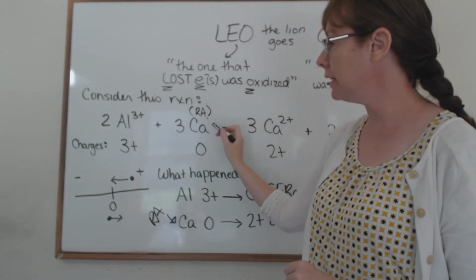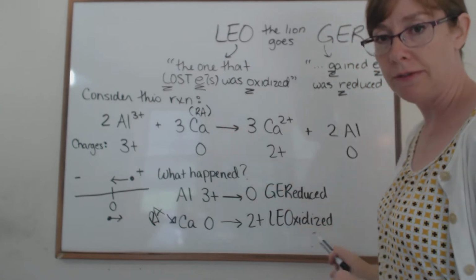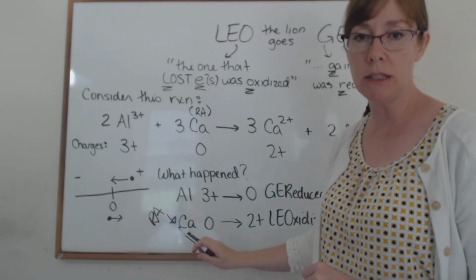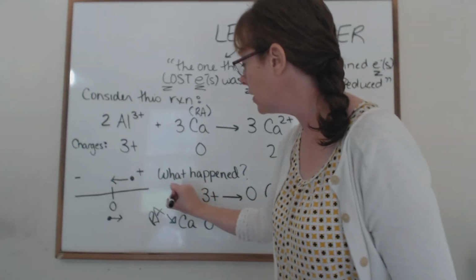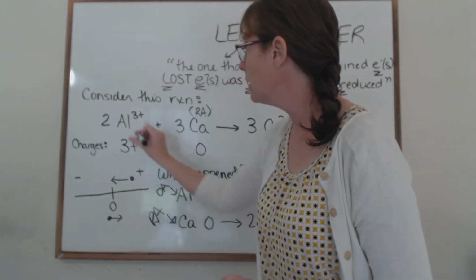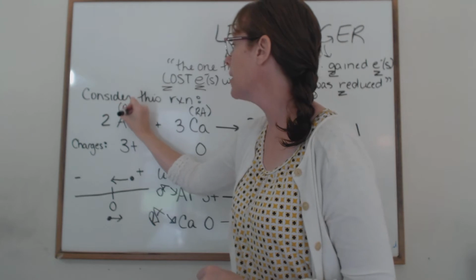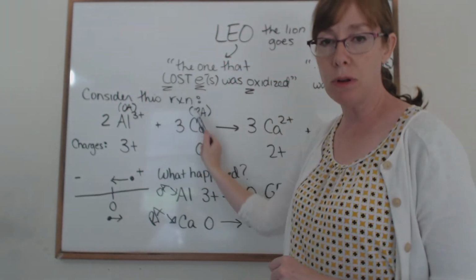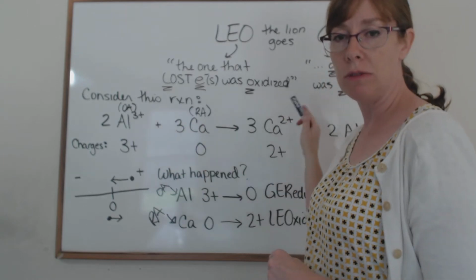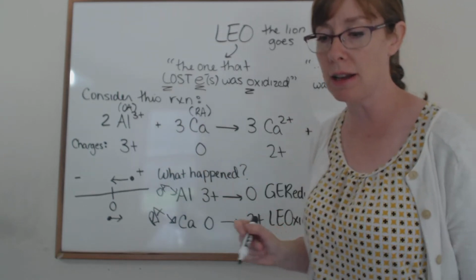The calcium reactant is the reducing agent because you just vice versa what happens. So the oxidized one is the reducing agent, and the reduced one is the oxidizing agent. So this is the oxidizing agent. Once again, we're only trying to label the reactants. The products don't really get a label in this context.